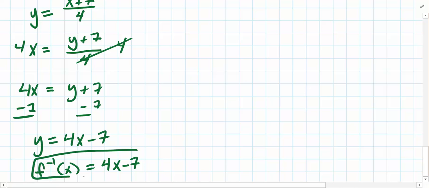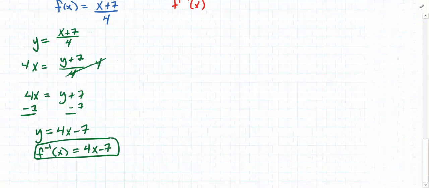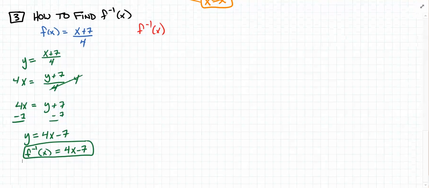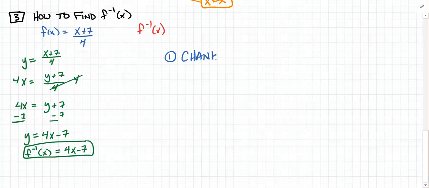So let's go ahead and list the steps. What was the very first thing that I did? Yep. So we change f of x into y. What was the second thing I did? I switch the x and the y. What's the third thing I did? Yeah, I'm going to say resolve, right?